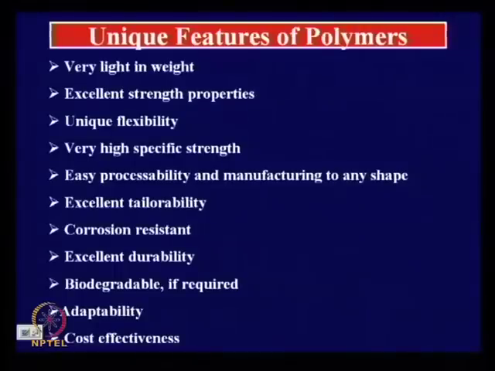Then corrosion resistant. We fulfill our demand utilizing the available materials, say metals. Now, metals are not resistant to corrosion. In order to prevent corrosion of metals, we take the help of polymer by applying a coating of polymer over these things, so that these electrolytes cannot get access to the metal surface in order to set up the electrochemical reaction which occurs in the corrosion process.